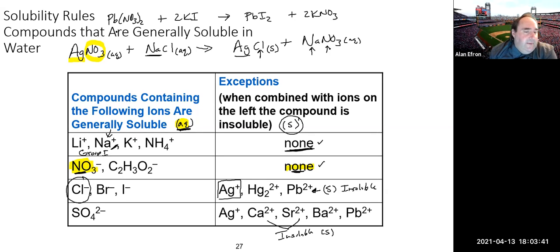Using the same approach, although we may not see lead, I do see nitrate. Nitrate is soluble in everything, no exceptions, which means I'm good to go with aqueous. I take a look here at potassium, which is group 1. That means that's as far as I need to go, and that will tell me it's aqueous.